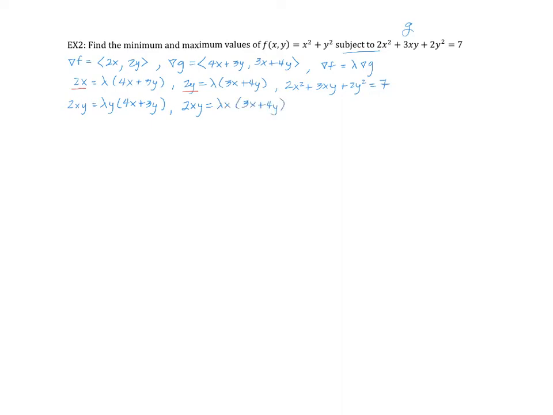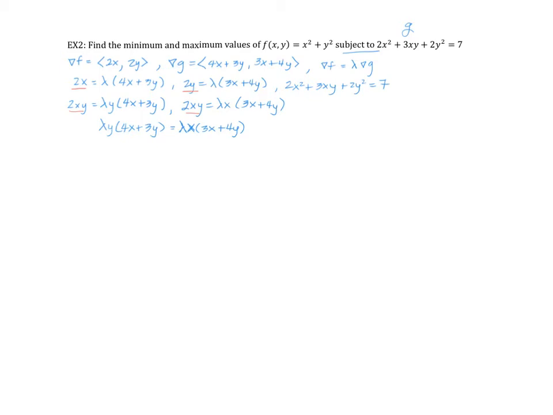Now this might not be the most efficient way to solve this, but again, I just wanted to cover another technique. At this point, since they have the common 2xy, it must be true that lambda y, parentheses 4x plus 3y, is equal to lambda x, parentheses 3x plus 4y. And now I have to be really careful that my x's and my lambdas don't look alike.